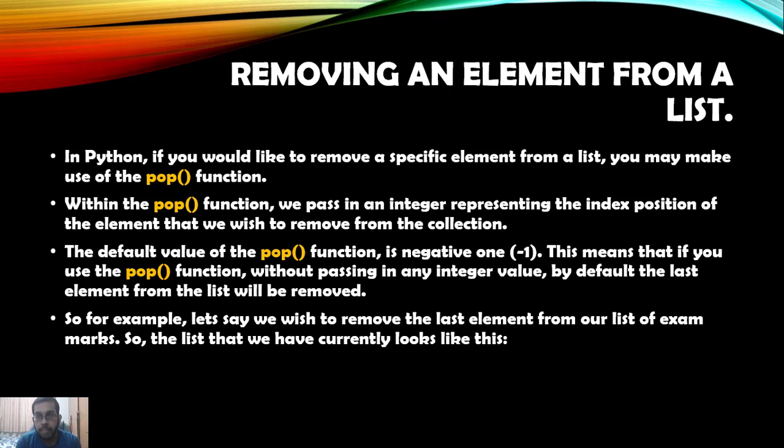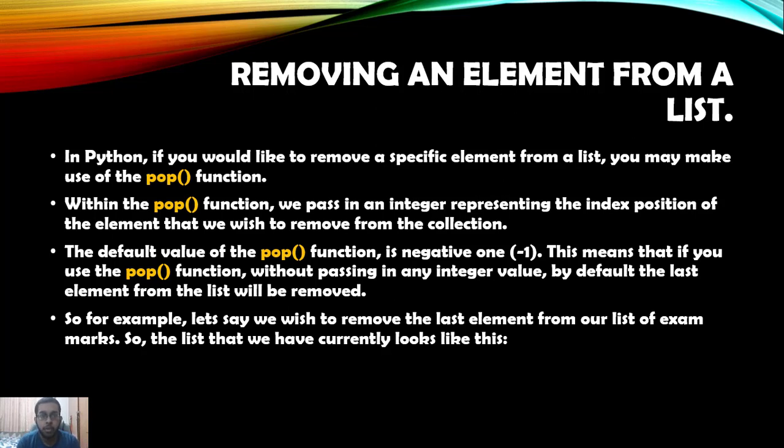Removing an element from a list. In Python, if you would like to remove a specific element from a list, you may make use of the pop function. Within the pop function, we pass in an integer representing the index position of the element that we wish to remove from the collection. The default value of the pop function is -1.